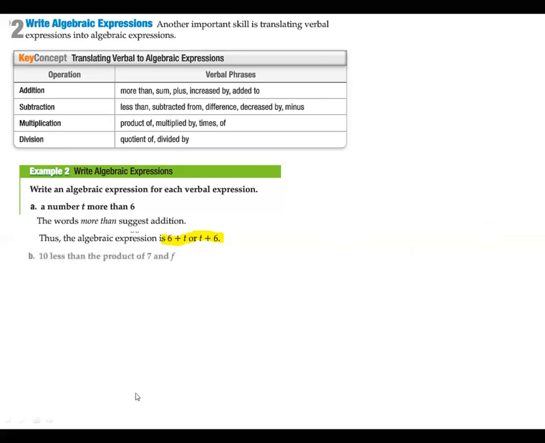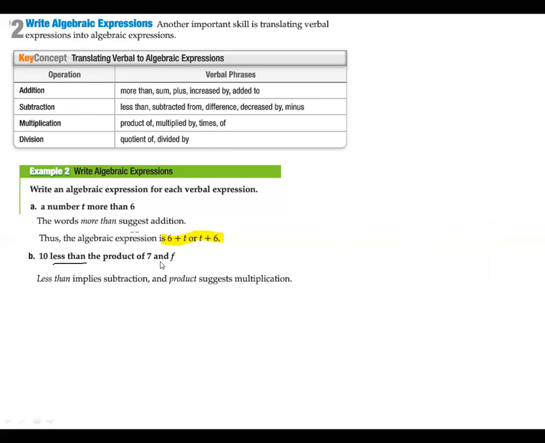All right, how about this one? 10 less than the product of 7 and f. Now this one, less than, indicates subtraction. And product suggests multiplication. It's 10 less than the product of 7 and f.